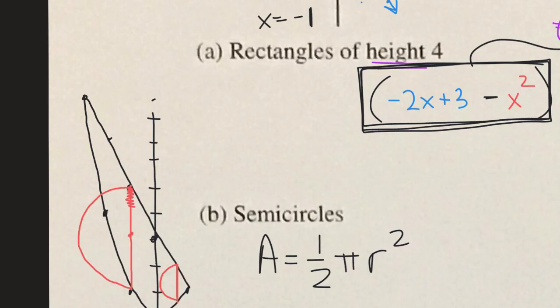How do we calculate the radius for our semicircles? Is the radius the same as the distance in between your graphs? No, it's not. It's half. The radius in this case is half of the distance in between your graphs. So half of negative 2x plus 3 minus x squared.